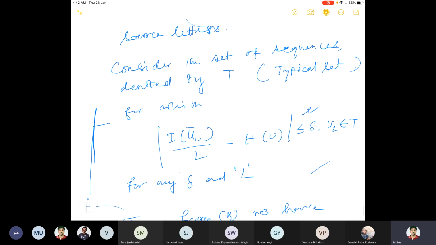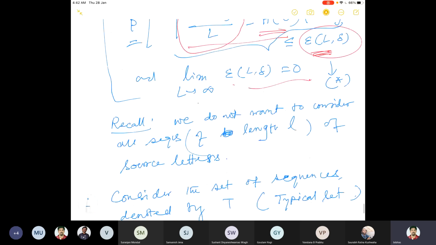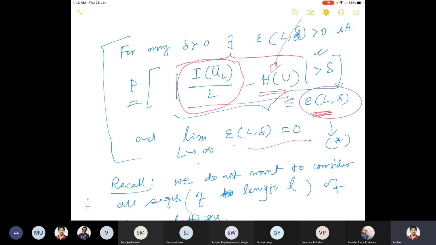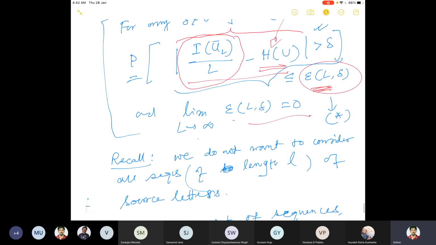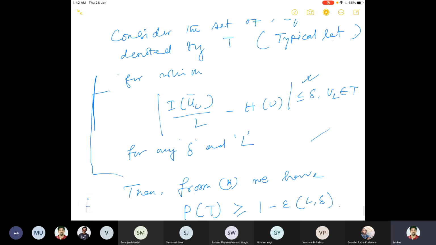We have to observe step by step. Here I consider all such sequences, which we call the typical set of sequences, which satisfy this one: the difference between the self-information of U^L, or the sample mean, and the entropy is less than or equal to delta.